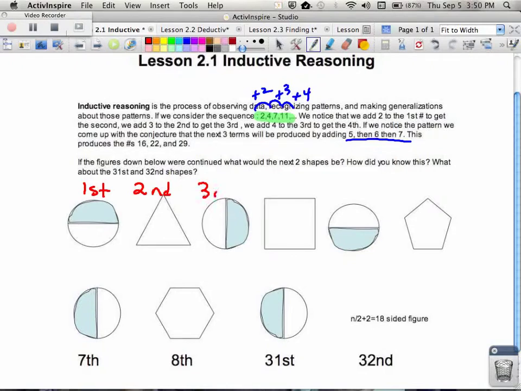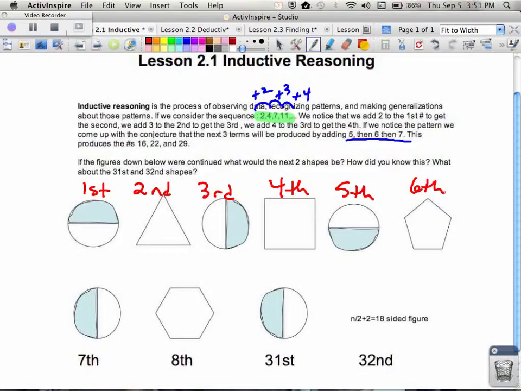The third shape is a circle again. The fourth shape is a four-sided figure, a polygon. The fifth shape is the circle again. The sixth shape is the pentagon. And then the seventh and eighth shapes are back to a circle and another polygon, a hexagon.